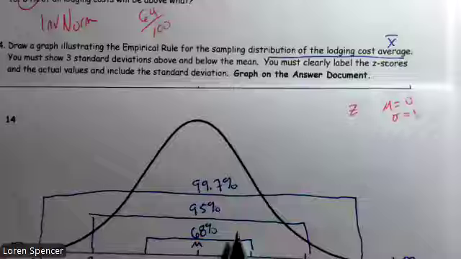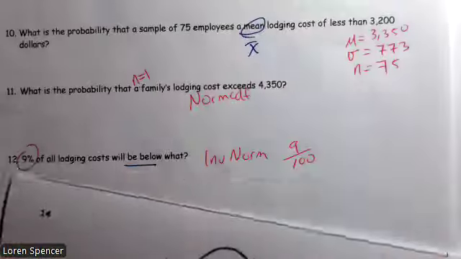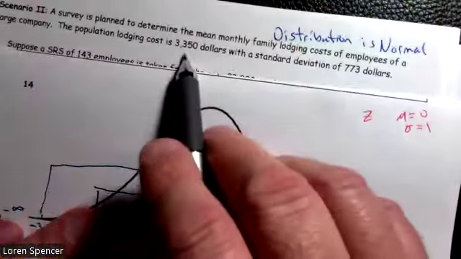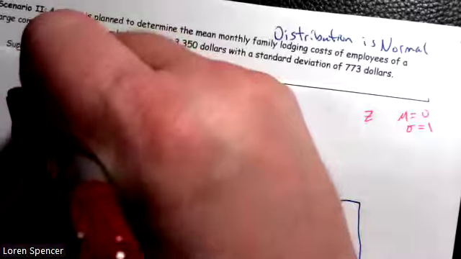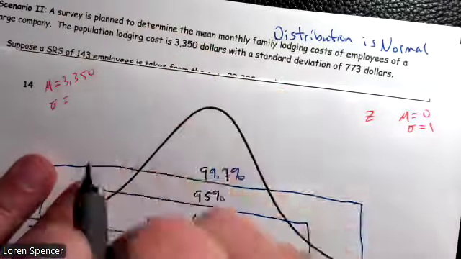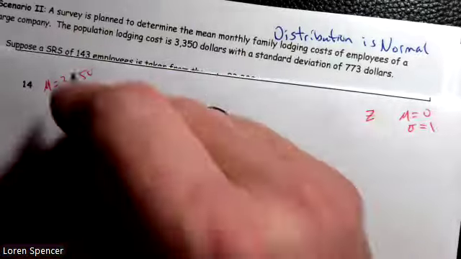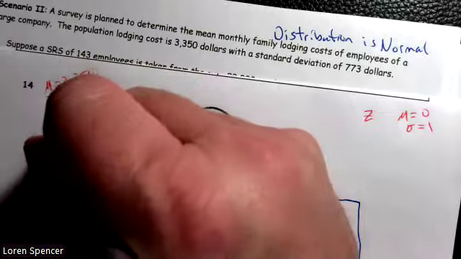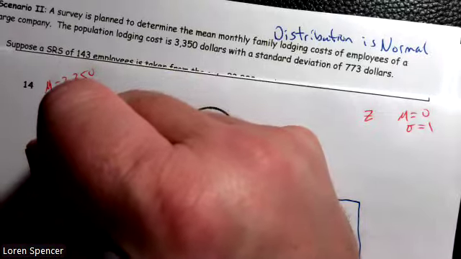All right. So in our case, when we go back up to the top and look, what was our actual? Well, our actual was 3,350. So our mean was 3,350, and our standard deviation of our actual was 773. But that's not what they want. They want the standard deviation of X bar.